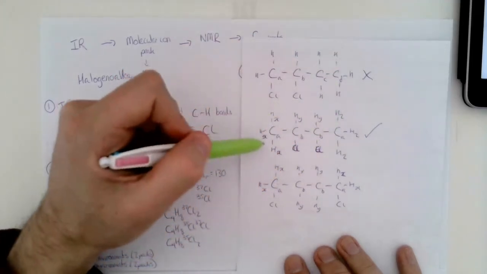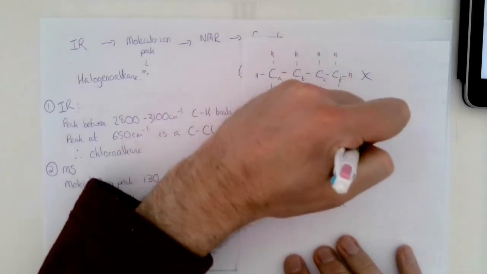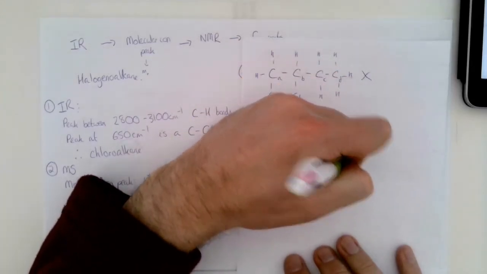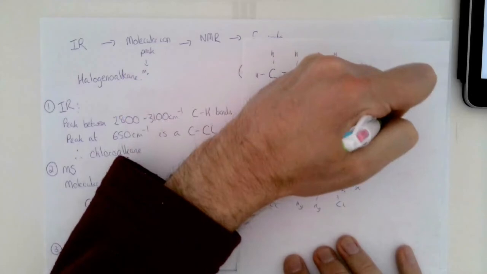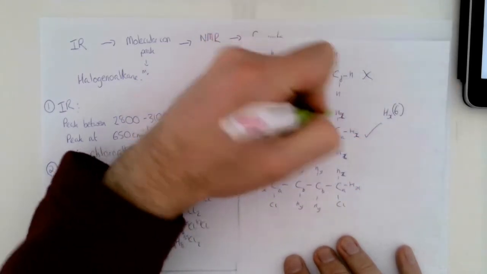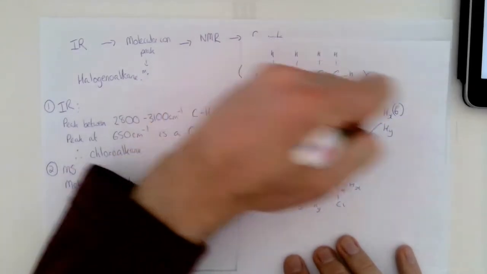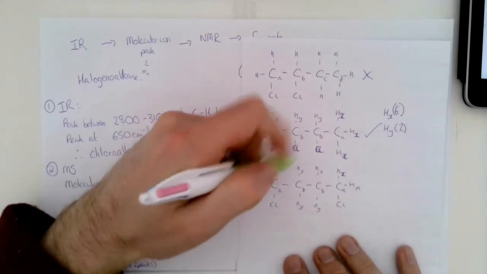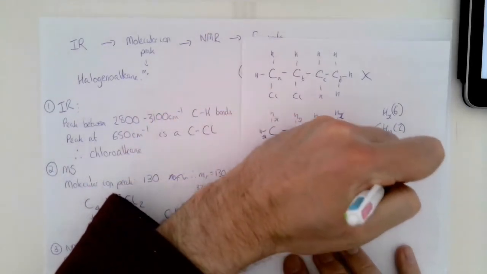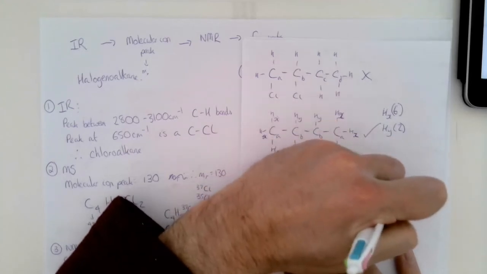In the top one here, oh, I've called this Z, let's call that X. In the top one here, the HX's are going to be 6 high, because there's 6 of them, and the HY's are going to be 2 high, because there's 2 of them. In this one, the HX's are going to be 4 high, and the HY's are going to be 4 high.